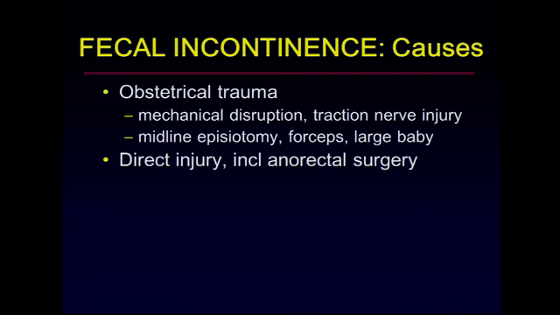But occasionally, traction injury during birth can actually tear the nerves leading to rectal or sphincter incontinence, although the sphincter is anatomically intact. Other causes of direct injury to the sphincter would include trauma or anal rectal surgery.